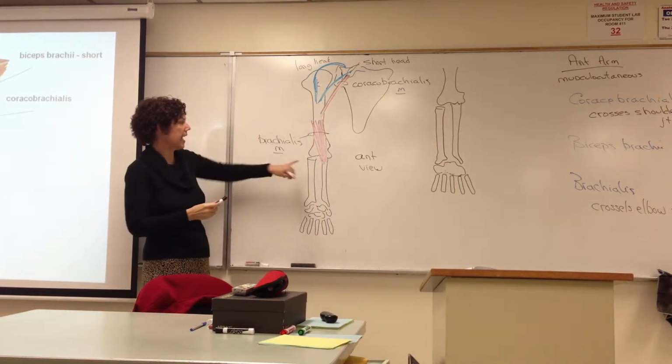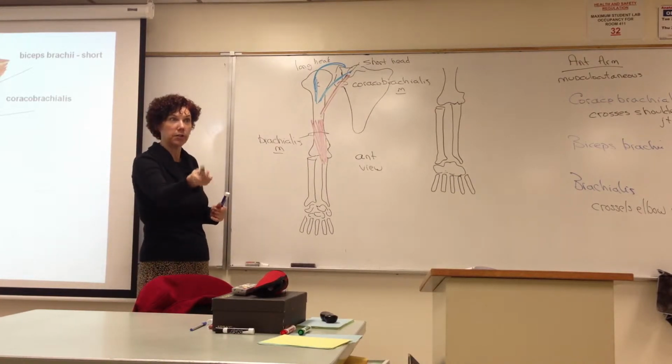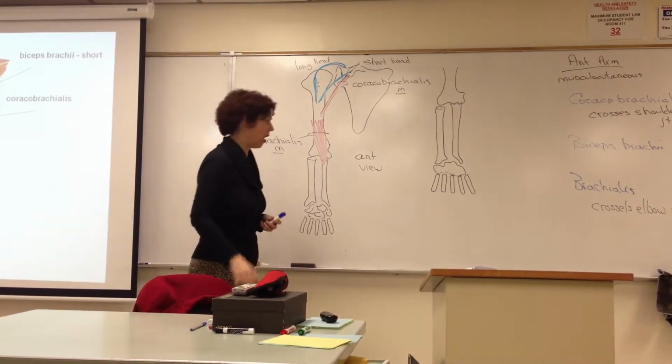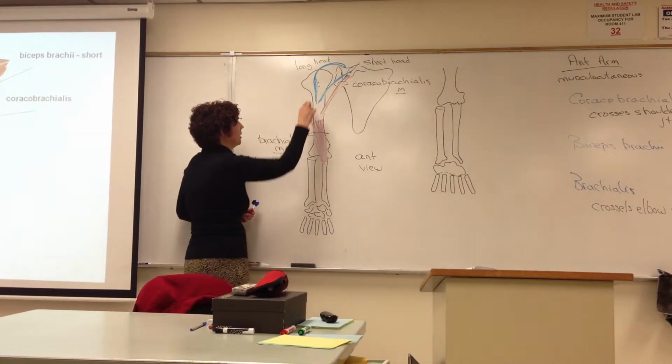And then the muscle itself is going to insert onto the radial tuberosity because it's going to do supination. That's its primary, strongest force of contraction, in supination.